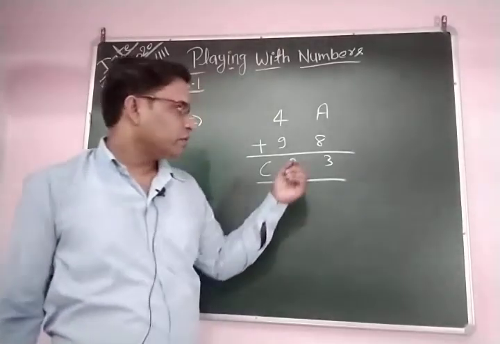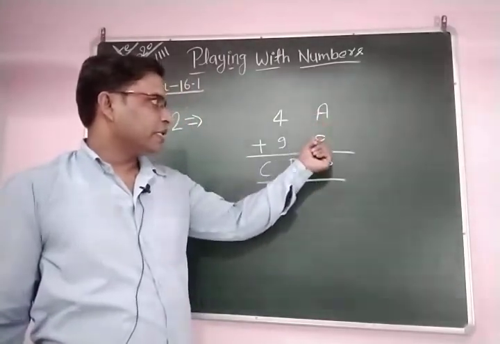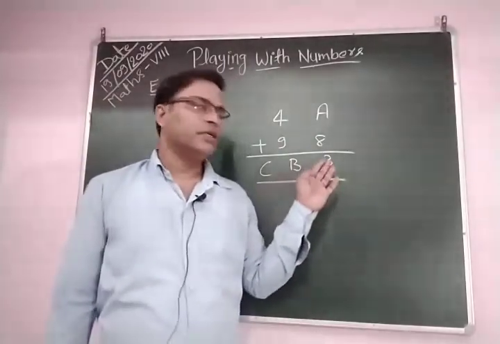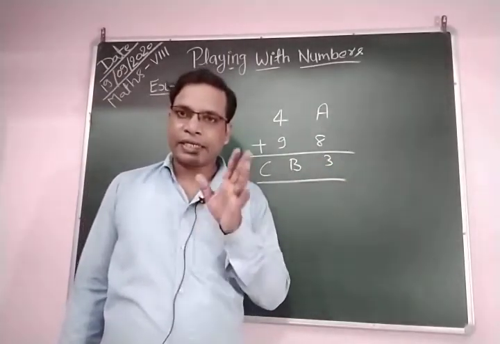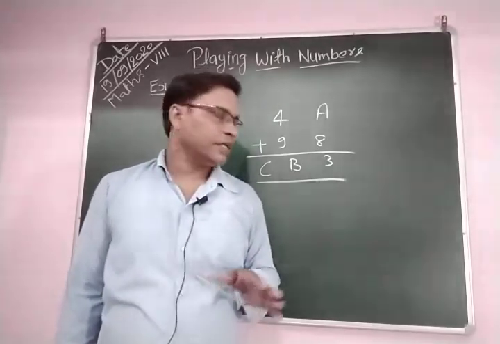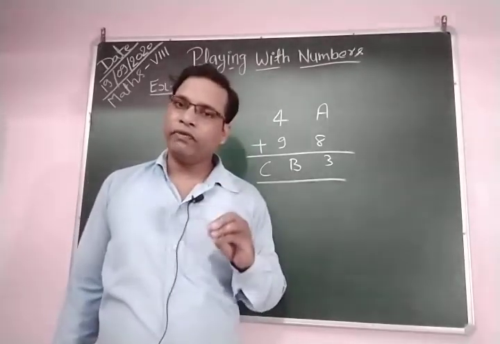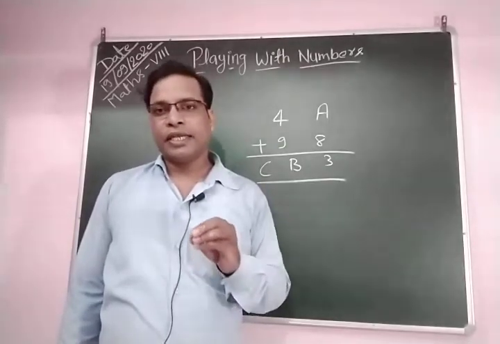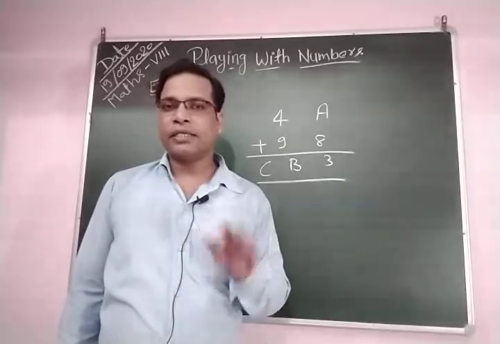So here you can see A plus 8 is equal to 3. This is given here. So you think 8 is greater than 3. If we add any digit to 8, it becomes greater than 3, not 3.